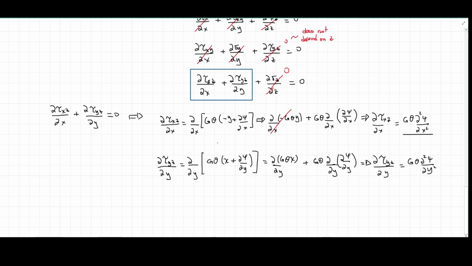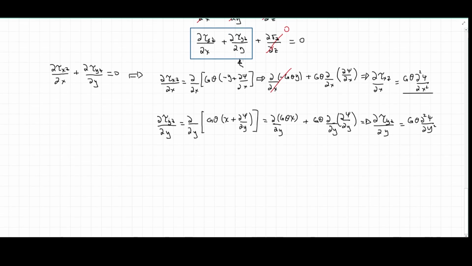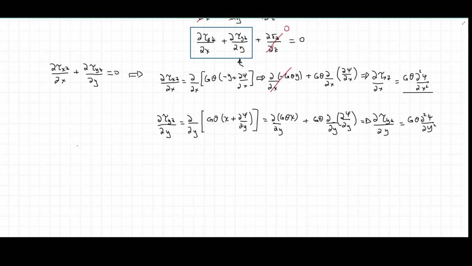If I compose these two equations into this one here, then I'm going to have the following form, which is a very particular form. Let's take the first one here, the tau xy resultant. It's going to be G theta, second derivative of this one square, plus G theta partial derivative of psi with respect to y square, and that's going to be equal to 0.